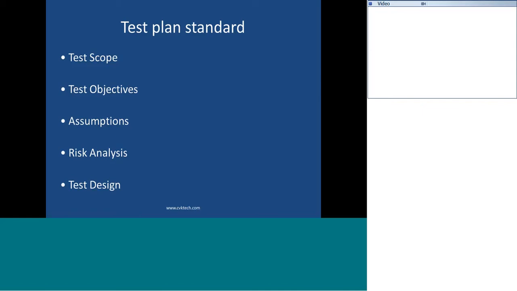Once we are clear with the in scope and out of scope items, we should get our objective. If we have the in scope items, what exactly are we going to achieve by testing these in scope items? We should have that end result. The test objective could be a simple paragraph stating the business value that we are going to provide.